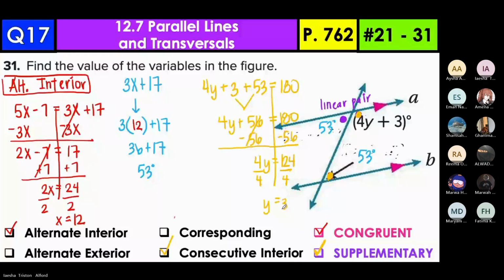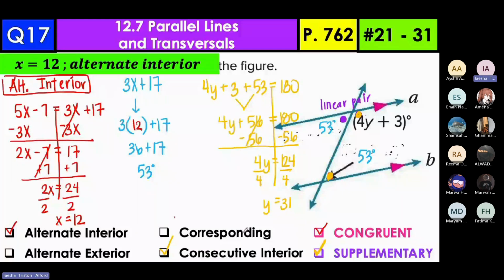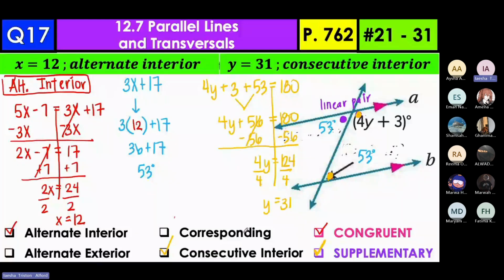So, x is 12 because the angles are alternate interior. Y is 31 because the angles are consecutive interior. Or you could say y is equal to 31 because the angles are linear pair. Up to you.